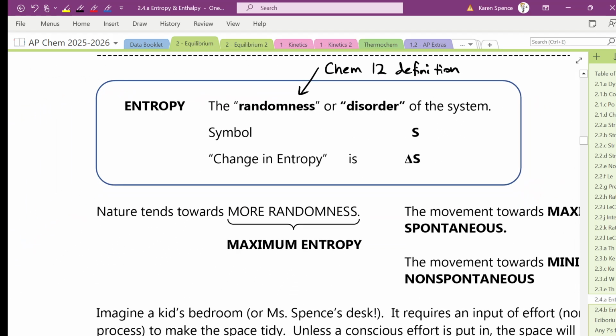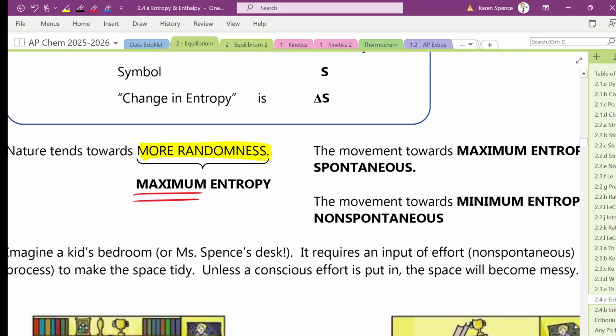And as we were saying, nature tends towards more randomness. In other words, maximum entropy. So unlike enthalpy, where it wanted the potential energy to be small, we want maximum randomness. Maximum entropy.